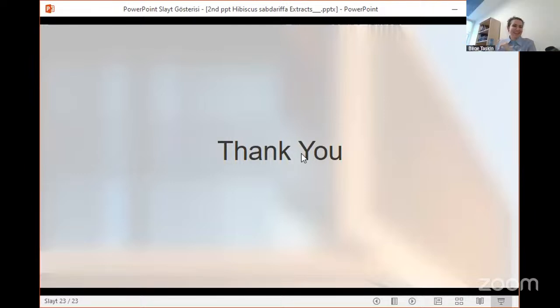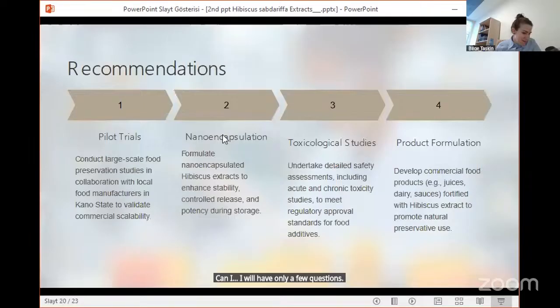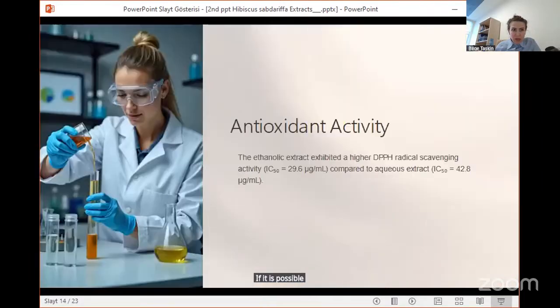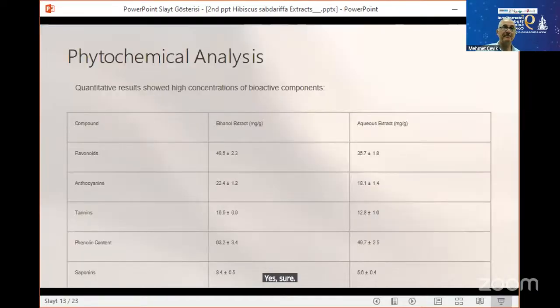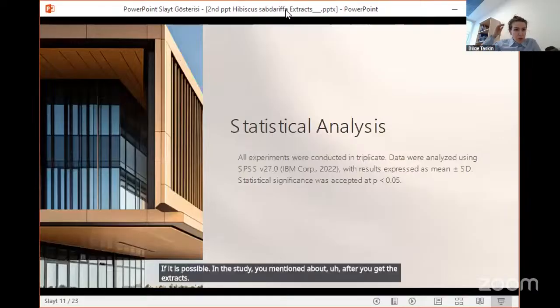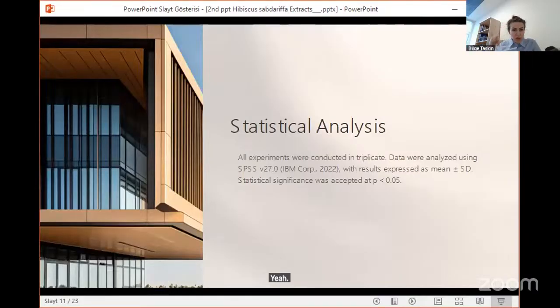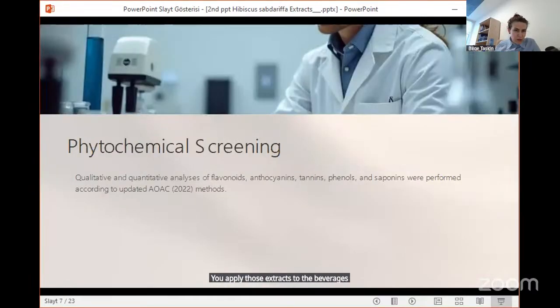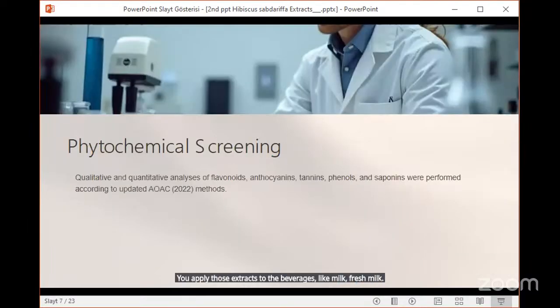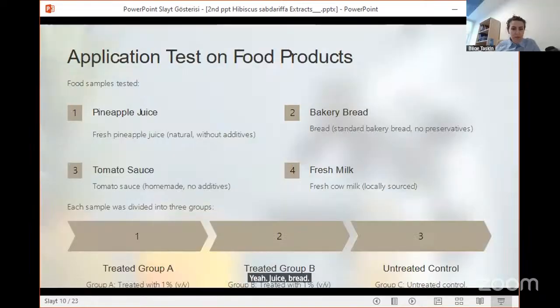Can I? I have only a few questions about the study, if it is possible. Yes, sure. In the study, you mentioned that after you got the extracts, you applied them to beverages like fresh milk, bakery products, bread, and juices. So what was the form of the extract?